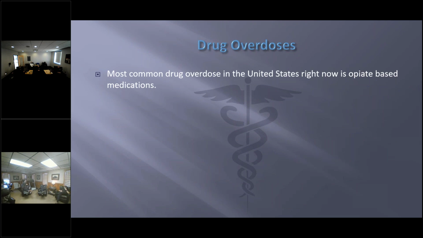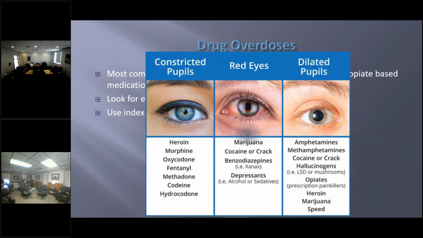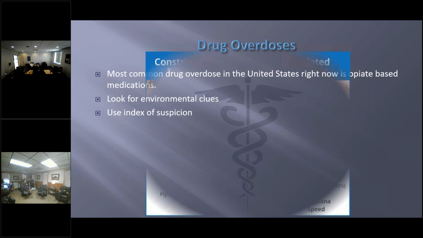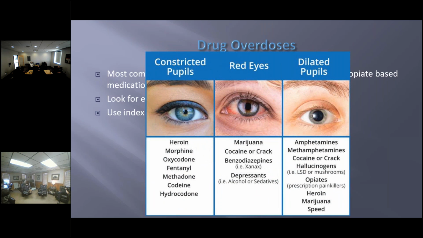Other types of drug overdoses, as we know, opioids are the most common overdose that we're going to experience right now, marked by pinpoint pupils, decrease in mental status, decrease in respiratory drive. Other overdoses we can identify easily enough with both our SAMPLE history and by looking at the pupils.